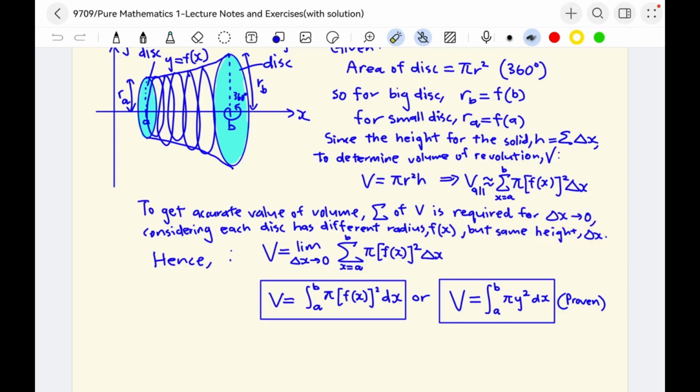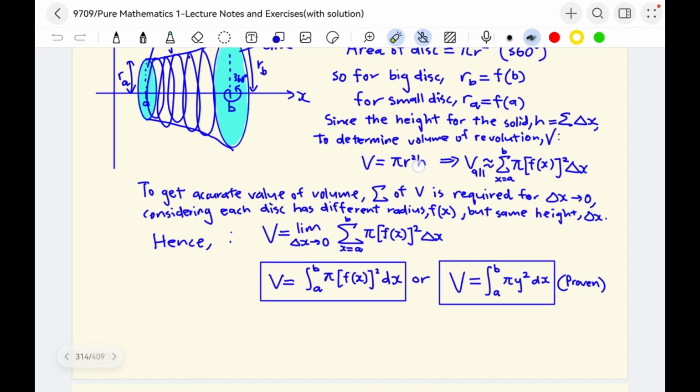So it is not a matter of the radius, it's a matter of the small change. We can't determine exactly how much the small change is, so we have to use the summation, and of course the limits, for the small change of x approaching 0.